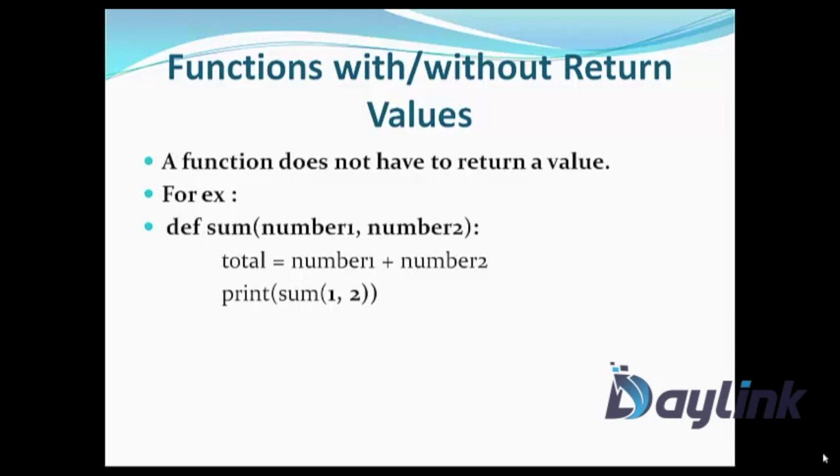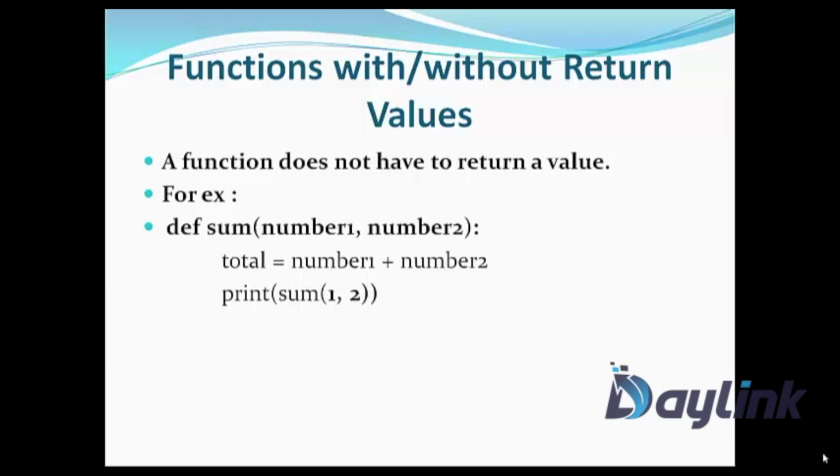Technically, every function in Python returns a value whether you use return or not. For this reason, a function that does not return a value is also called a None function. The None value can be assigned to a variable to indicate the variable does not reference any object.